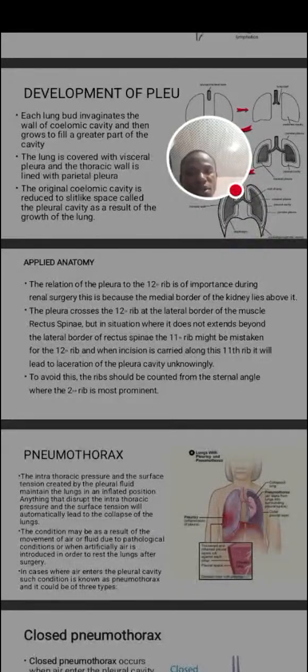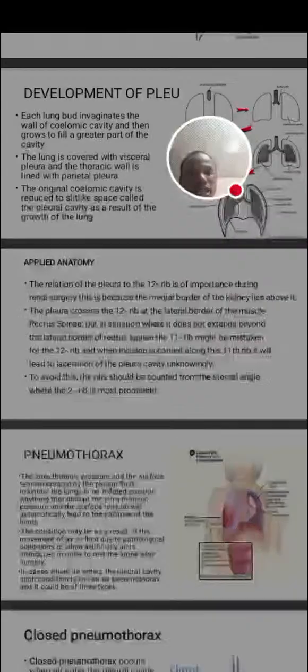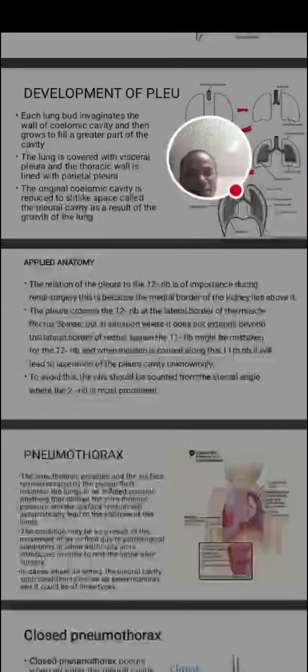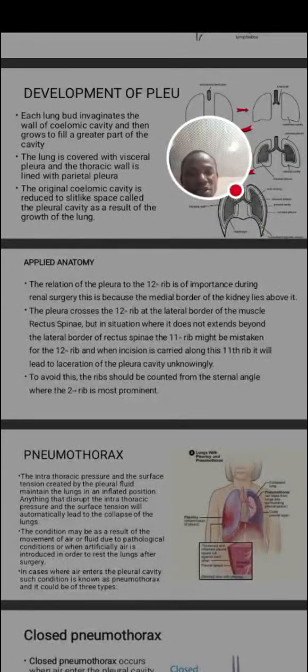In situations where it does not extend beyond the lateral border of erector spinae, the 11th rib might be mistaken for the 12th rib. When incision is carried along the 11th rib, it will lead to laceration of the pleural cavity unknowingly. To avoid this, the ribs should be counted from the sternal angle, where the second rib is most prominent.